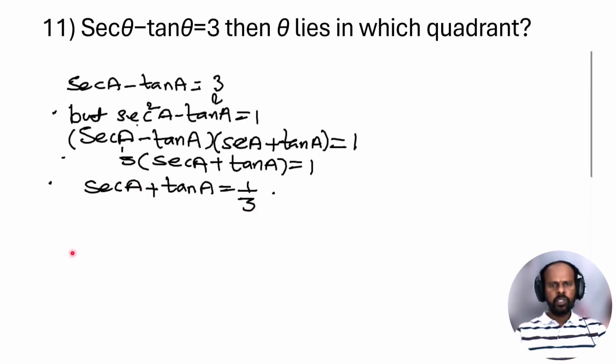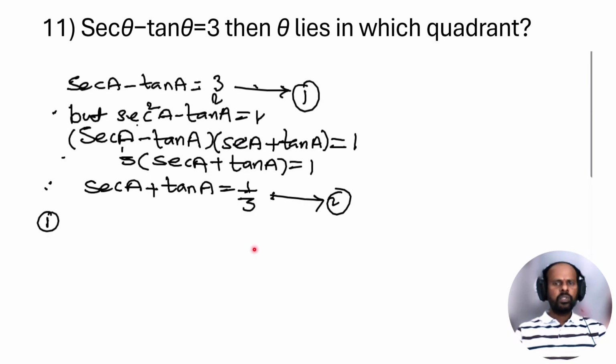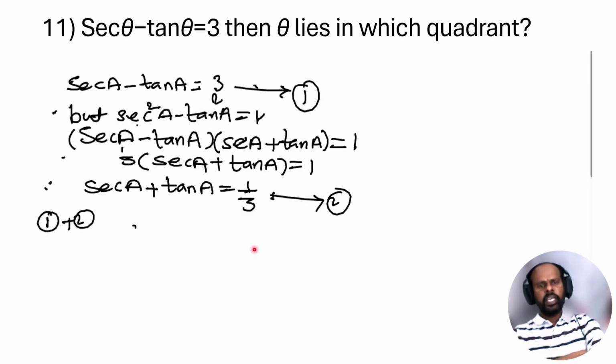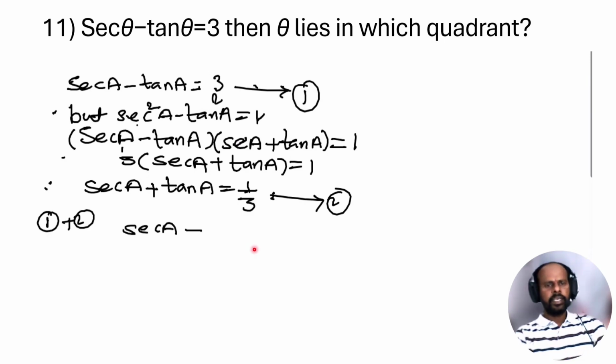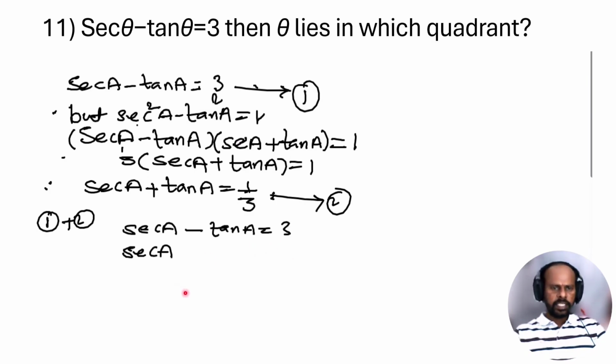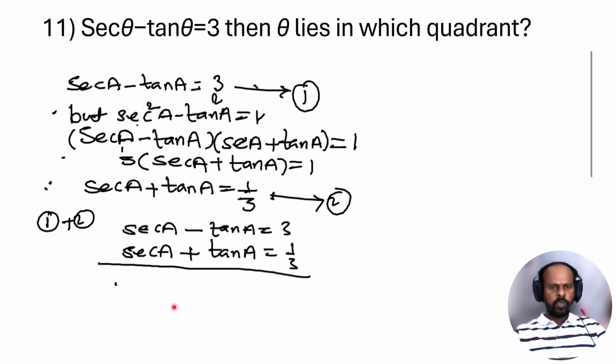So here we got one result from the question, that is the first one, and now we got the second result. So with these results, let us add them. You see, the first result is sec a minus tan a equal to 3, and the second result is sec a plus tan a equal to 1 by 3. How we did in the last problem, like that only we are doing here.